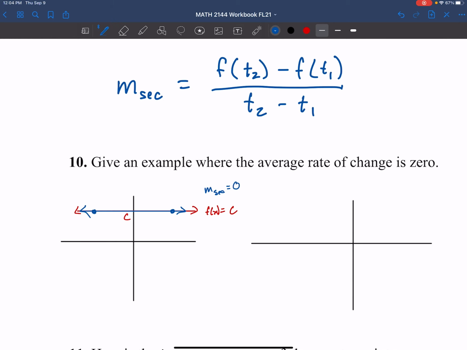Technically, many functions have a scenario where the average rate of change is 0. Can anyone think to describe one? Let me set this up. Let's suppose we had a function, and I'll throw some numbers on here: this is -2, this is 1.